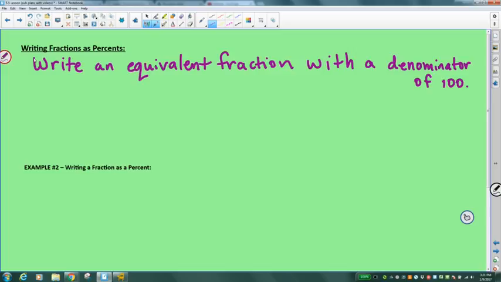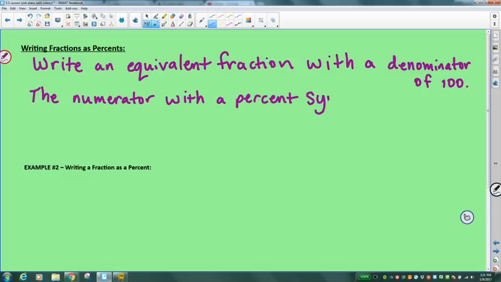And once you have a denominator of 100, your percent is simply the numerator with a percent symbol, and that is your percent. So the numerator with a percent symbol is your percent.